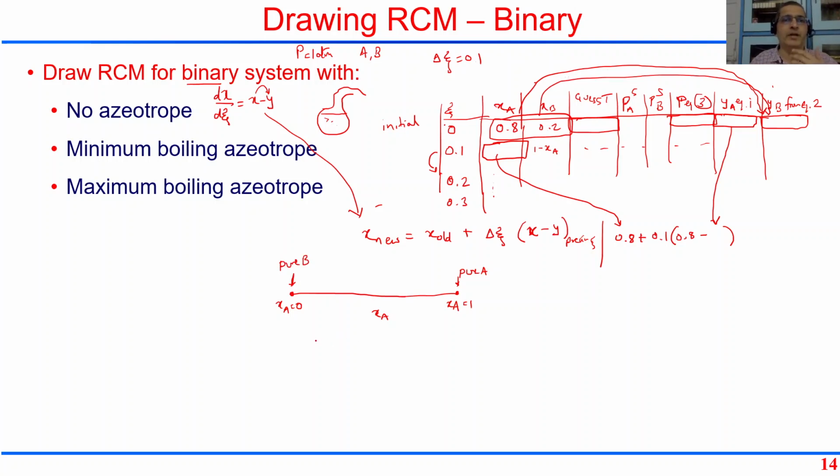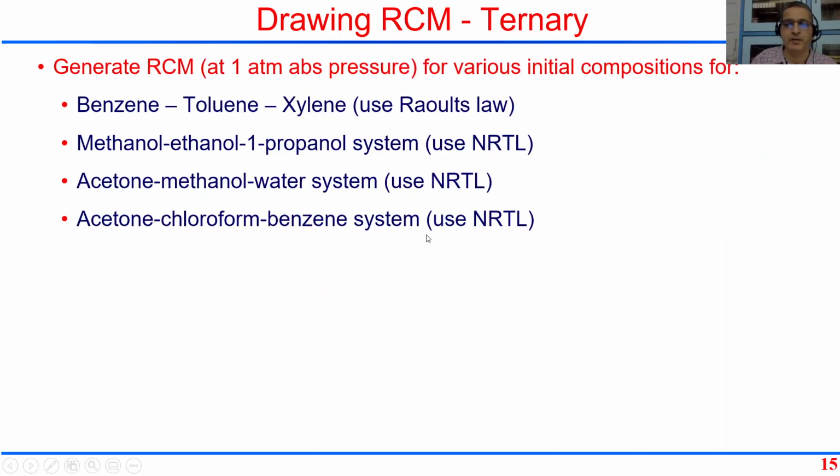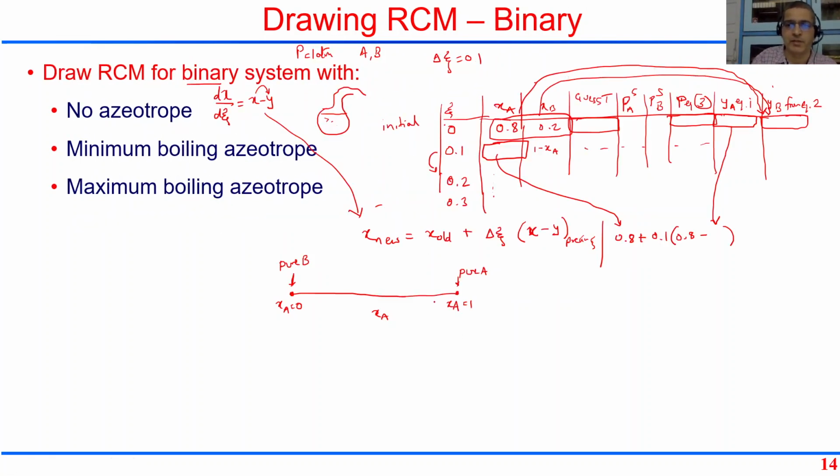So how would our residue composition change? If we start with, let's say, 0.8 here, this value is going to go lower and lower, because I am going to distill out more and more of the more volatile component.